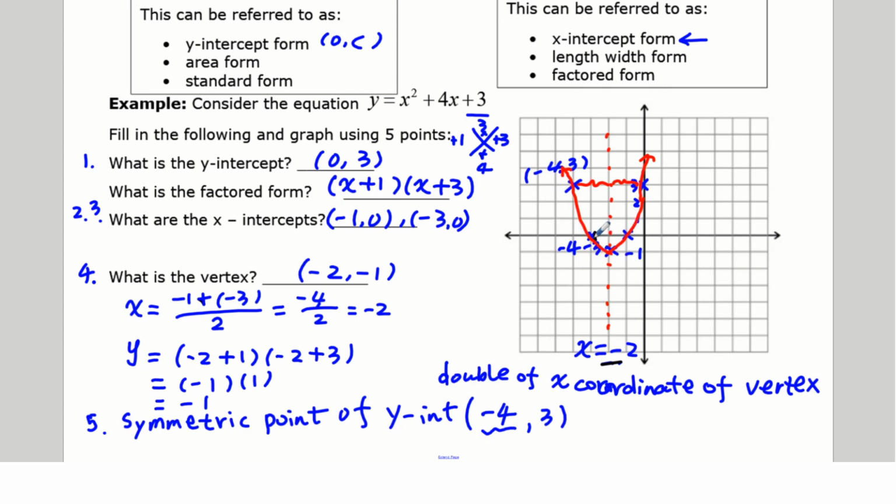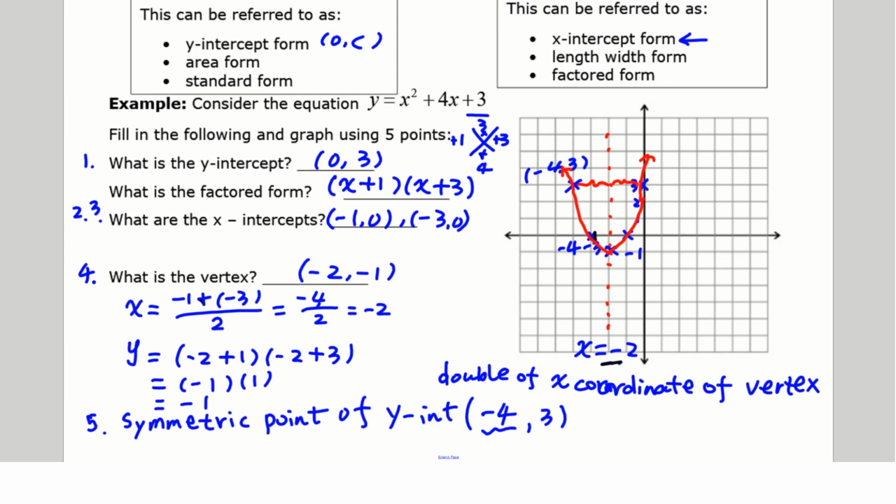For zeros, you could factor, or you could use the quadratic formula. For the vertex, you could use the 2 zeros to find it, or partial factoring, or completing the square. For the y-intercept, just substitute x equals 0 to find it.